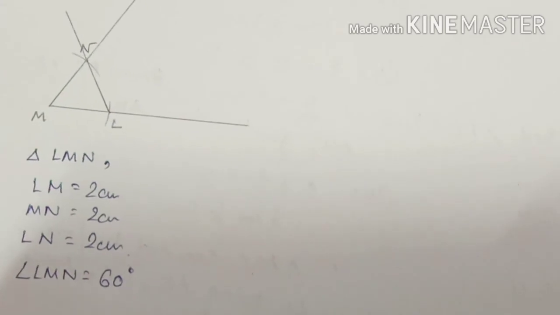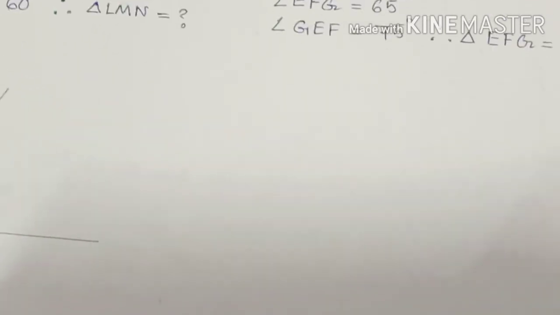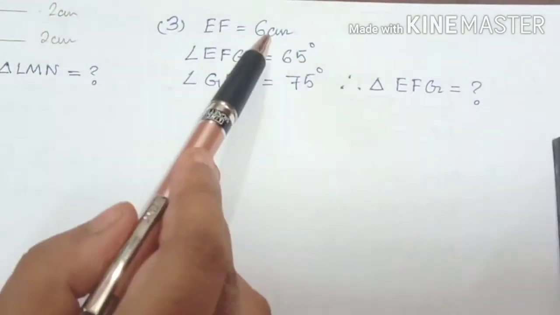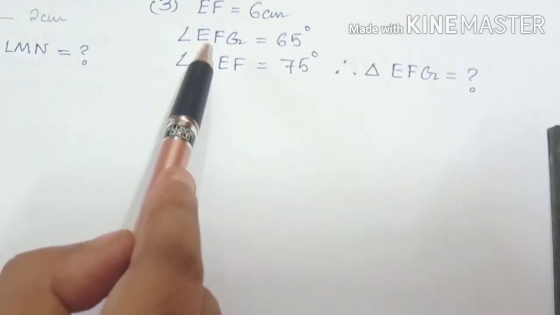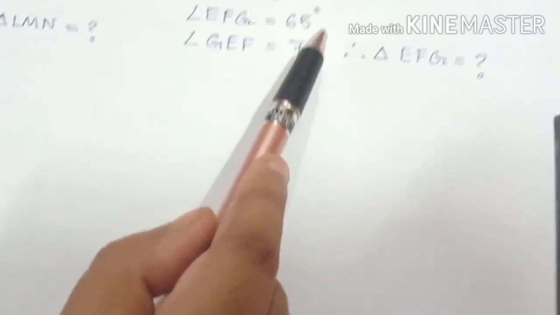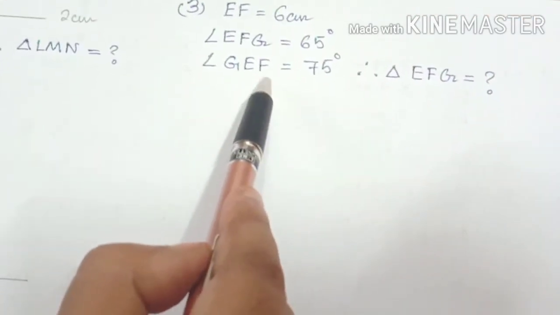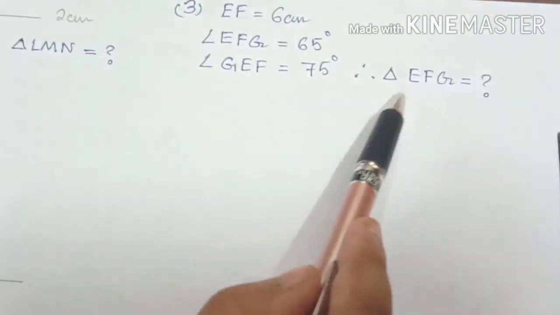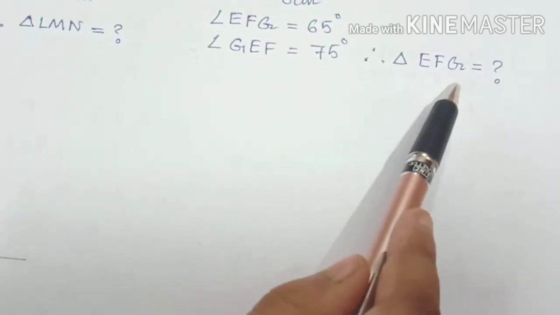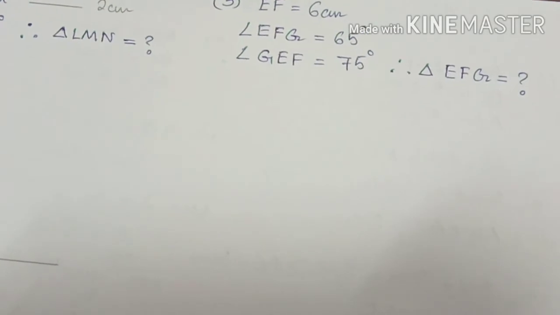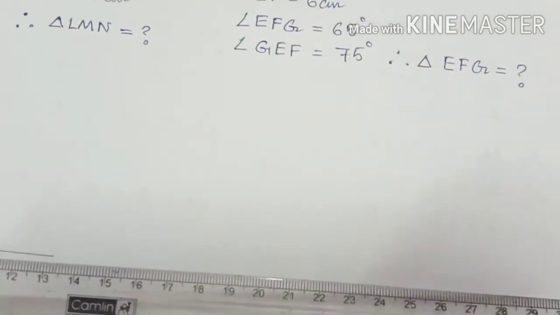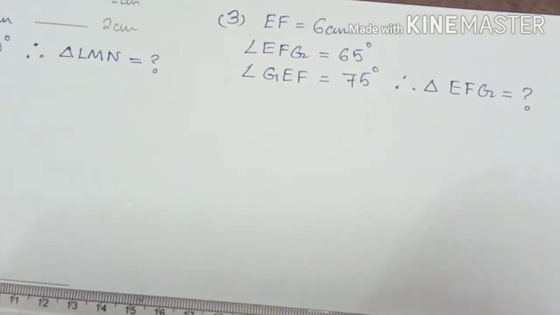Okay, now coming to the next one, here you can see that one side is given and two angles are given, that is angle EFG equals 65 degree, angle GEF equals 75 degree. So we have to find the triangle EFG. Okay, now once again I am going to take an arbitrary straight line here.